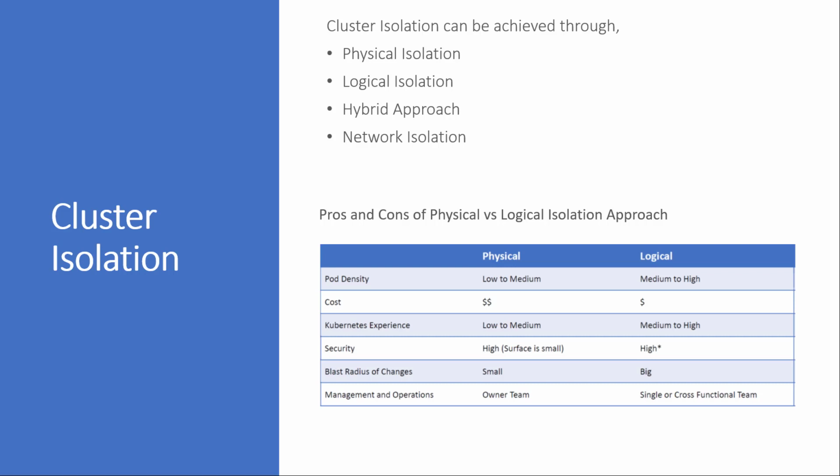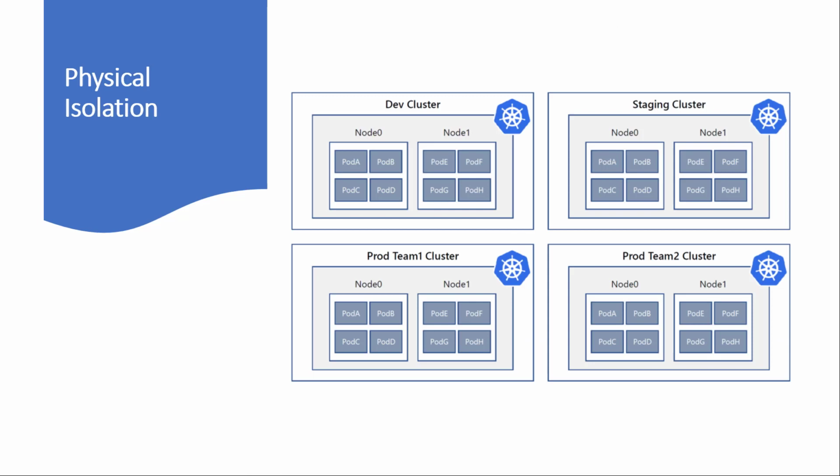I'm going to try to run a little faster here because there are too many topics, and I am afraid it's going to be too long a video and you may start losing interest. Let's move on. Physical isolation is pretty straightforward. You deploy a separate physical AKS cluster, Azure Kubernetes Service cluster, for each environment. This slide shows a dev cluster, a staging cluster, a prod team 1 cluster, and a prod team 2 cluster.